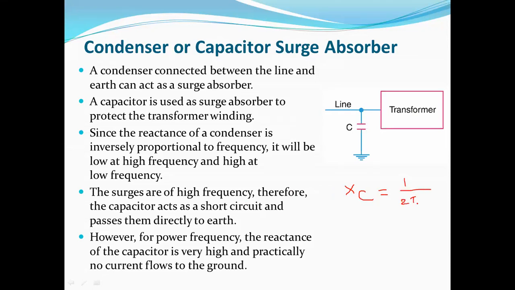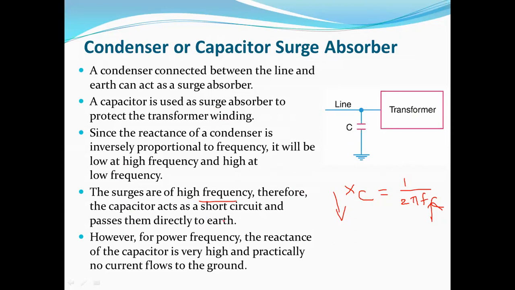Here the frequency is inversely proportional to the capacitive reactance, so it will be low at high frequency. If the frequency increases, your capacitive reactance decreases. These voltage surges are of high frequency.